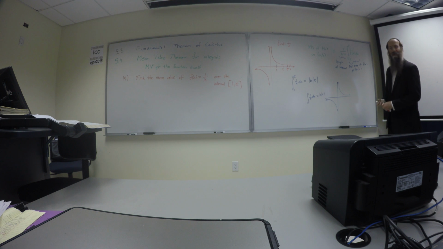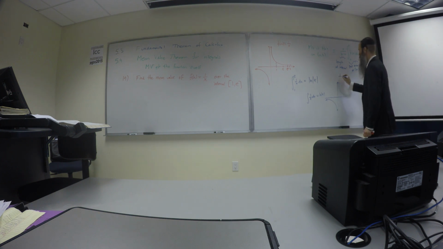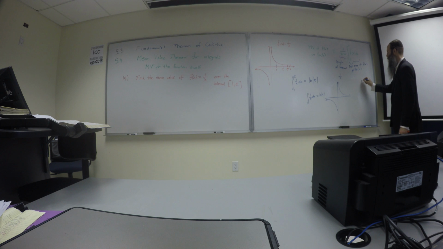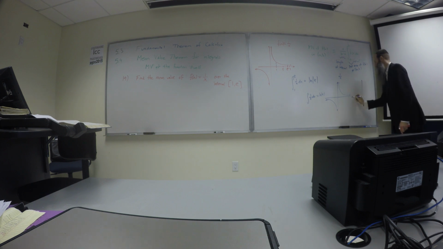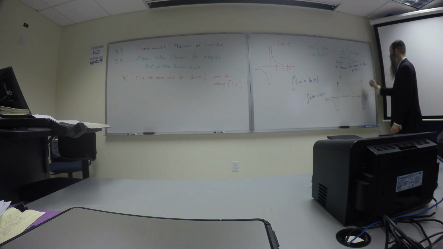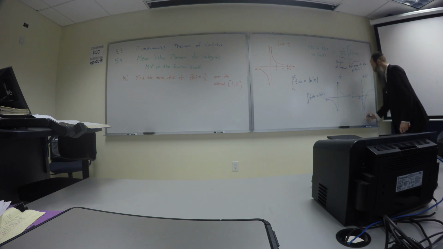Let's look at ln absolute value of x. What does it look like? It's 1 over here at negative 1, so now absolute value looks like this. There's ln absolute value of x. Still got its asymptote there, right?